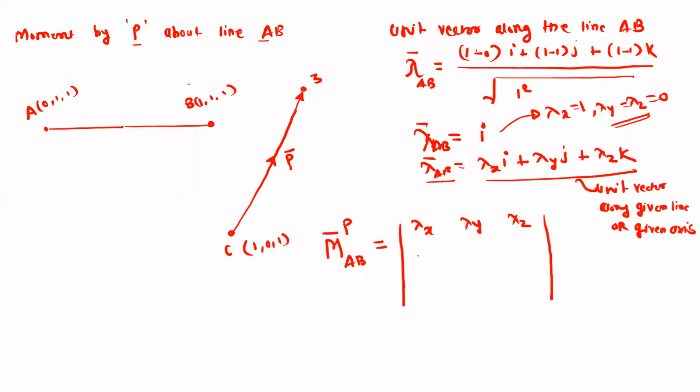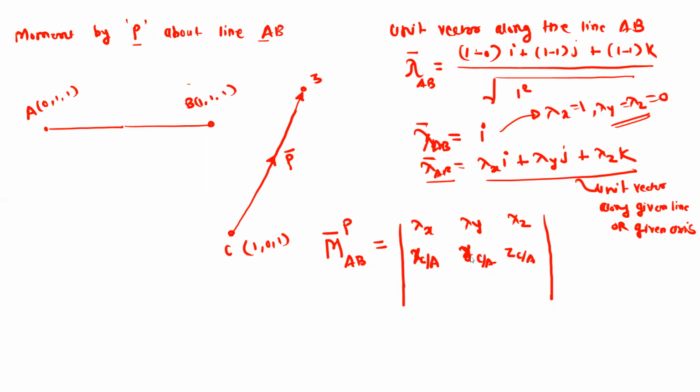This position vector is represented as r bar C/A, with components x C/A, y C/A and z C/A. What is the meaning of this?